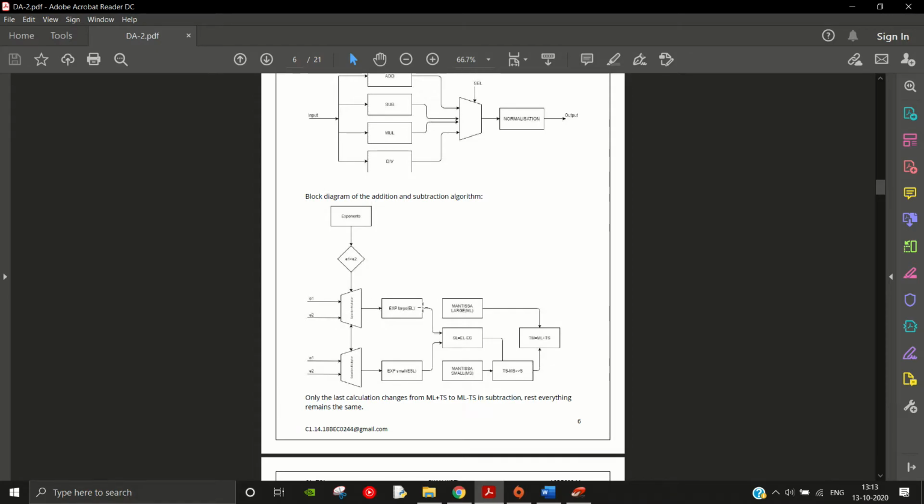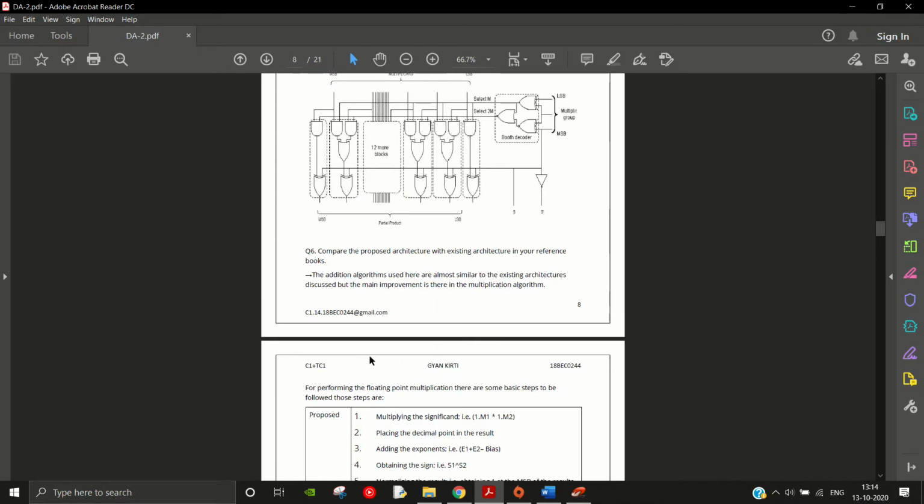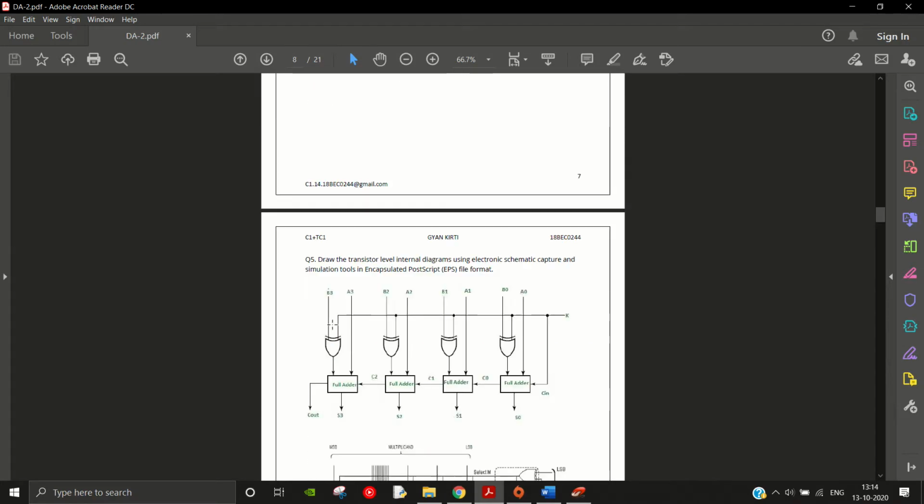Now we check which is large or small. Then it is sent to the select line, SL is equal to EL minus ES, the two outputs that we get from the multiplexers. Now this is sent for further subtraction. Now this is the multiplication architecture.